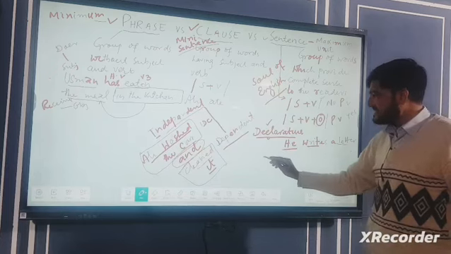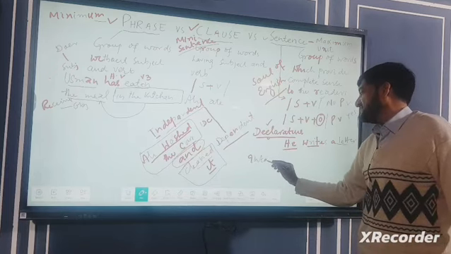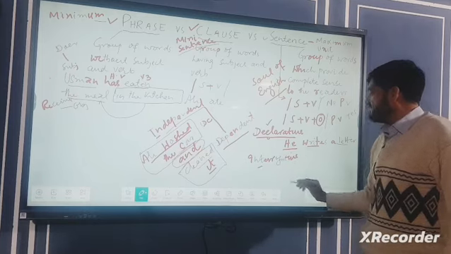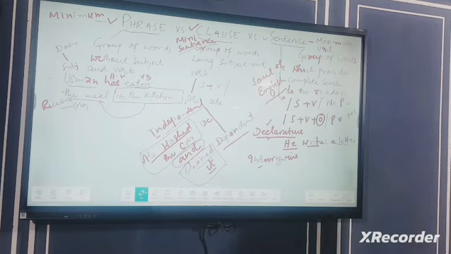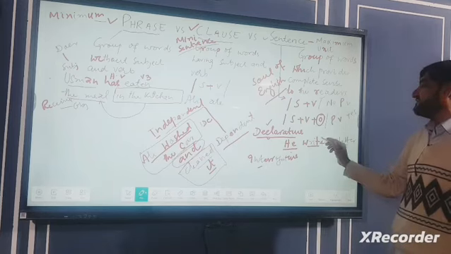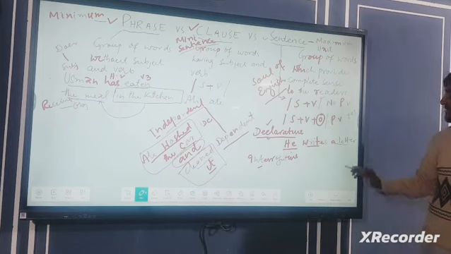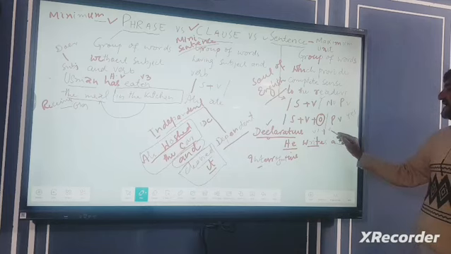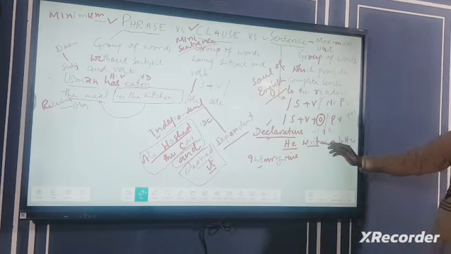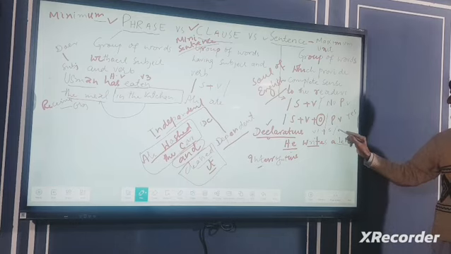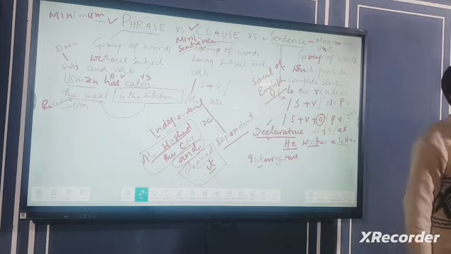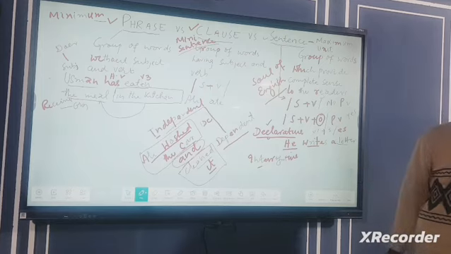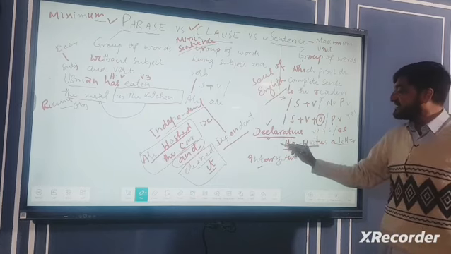Then there will be interrogative sentences. Interrogative sentences are those which begin with a helping verb and in which we ask a question. For example, we are going to change this sentence into interrogative. So there is first form of the verb and there is S. When the verb is followed by S or ES, it means that we are dealing with present simple. Present simple means when we are going to change it into interrogative, we will observe the subject.